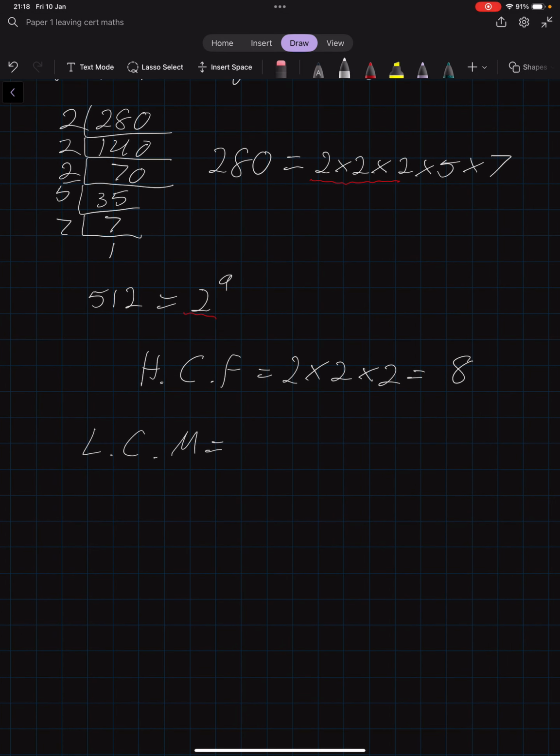So you multiply them together. So 280 multiplied by 512 divided by what's common? 8. And this is equal to 17,920. Okay, so hopefully that makes sense. That's how you get highest common factor and lowest common multiple.